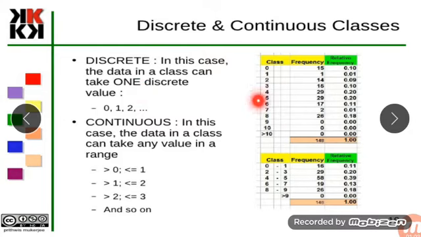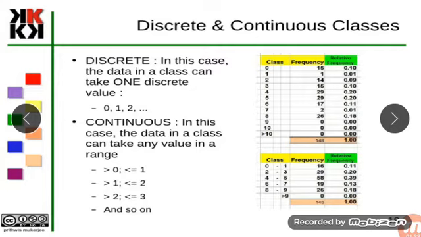There will be a jump, each value like 0, then 1, then 2, then 3. Such type of frequency distribution is used for data like number of people, number of students, because we cannot record 1.5 or 2.5. The number of people cannot be 2.5 or 10.5, so the values will be with a jump.